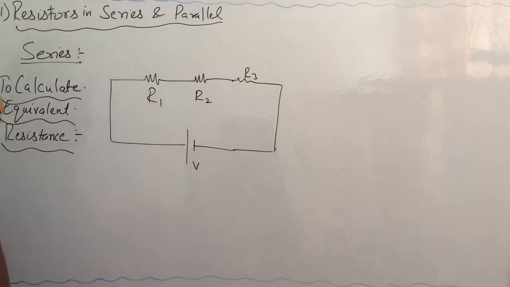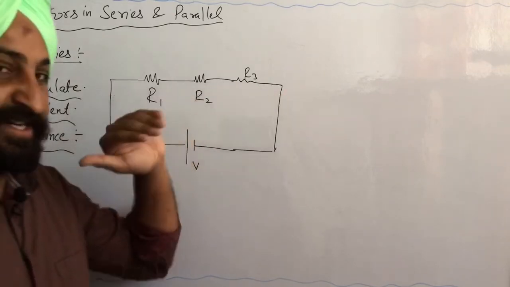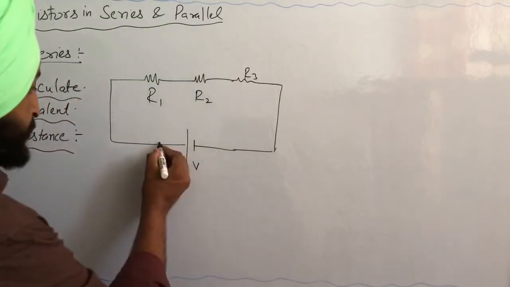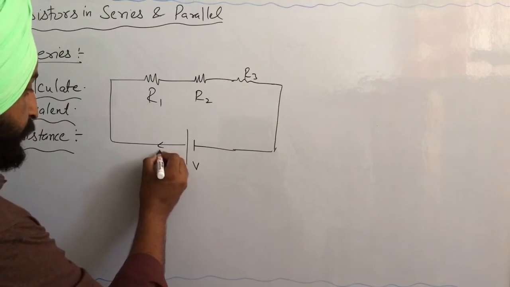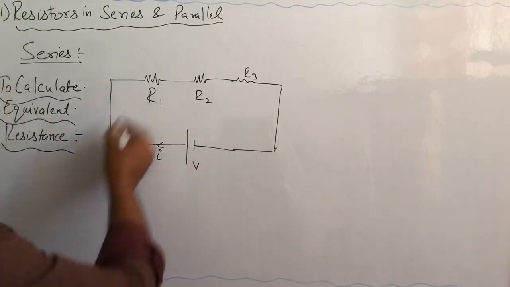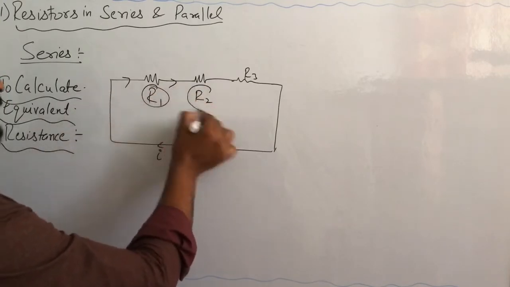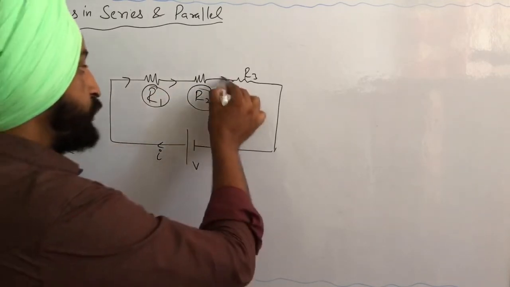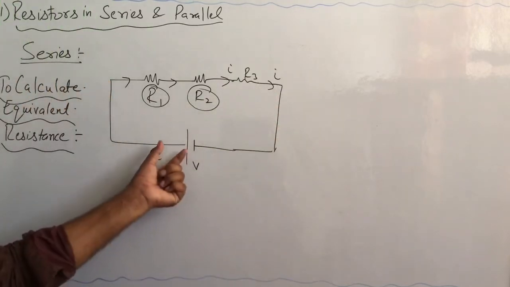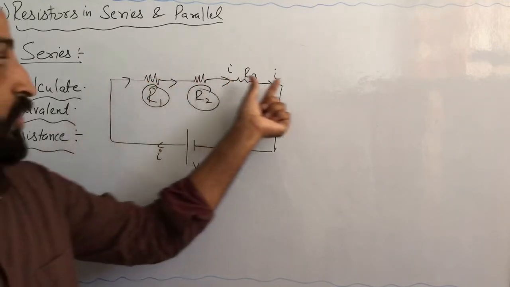Here you should keep one thing in mind: when the resistors are connected in a line, in series, let the current flowing from the positive terminal of the battery be I. This current will pass through the first resistor, and the same current will also pass through the second resistor and through the third resistor.